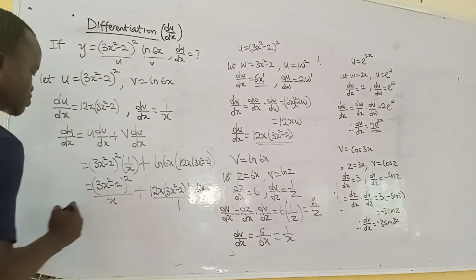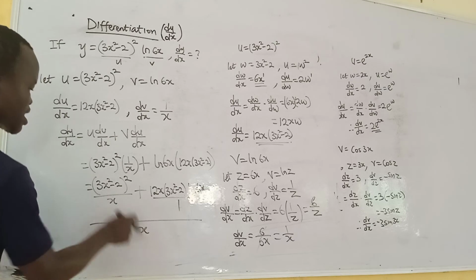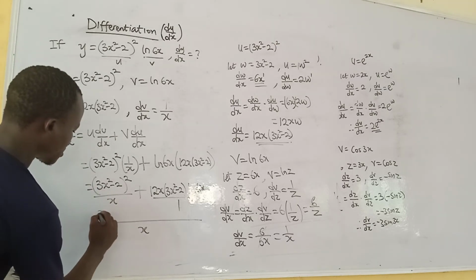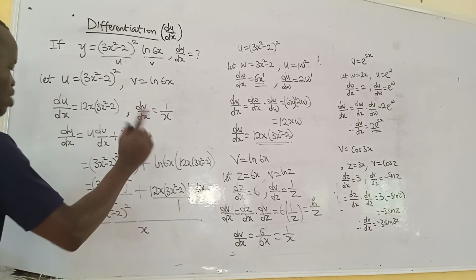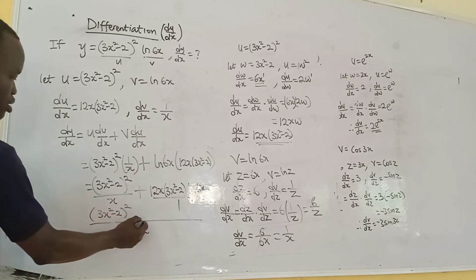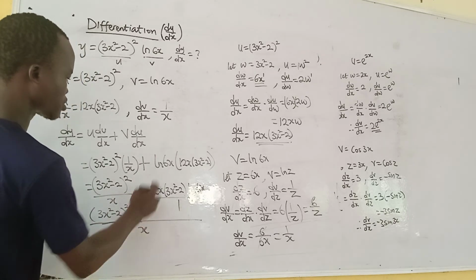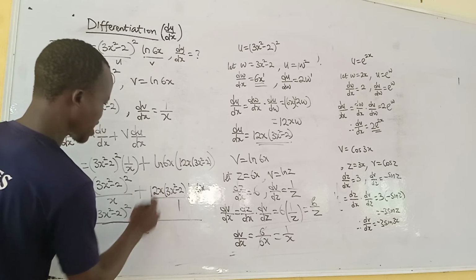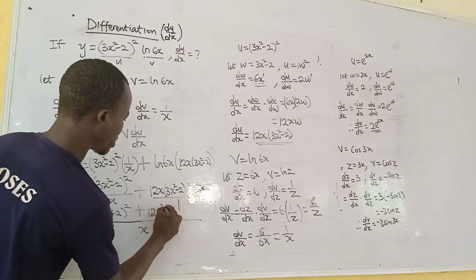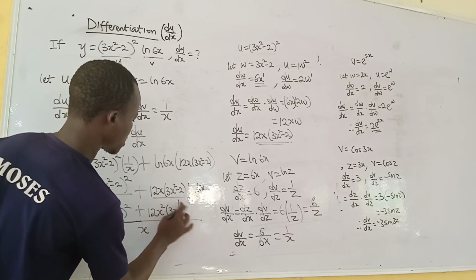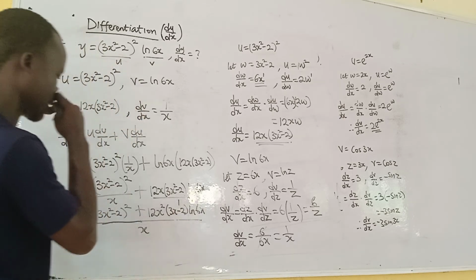Everything here is over 1, and we can have the LCM to be x. x divided by x is 1, so we have (3x squared minus 2) squared, because 1 times the numerator gives us back the numerator. Plus, 1 divided by x is x, so x multiplied by the numerator gives us 12x squared into bracket (3x squared minus 2) ln 6x.